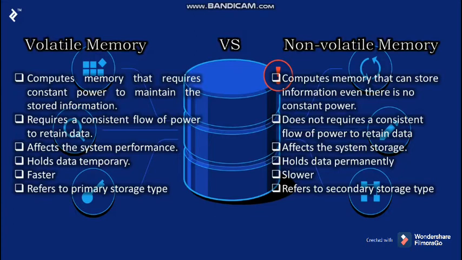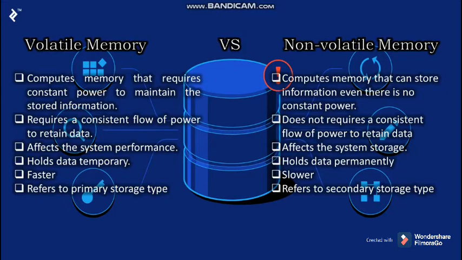Non-volatile memory is computer memory that can store information even when there is no constant power. It does not require a consistent flow of power to retain data, affects the system storage, holds data permanently, is slower, and refers to the secondary storage type.